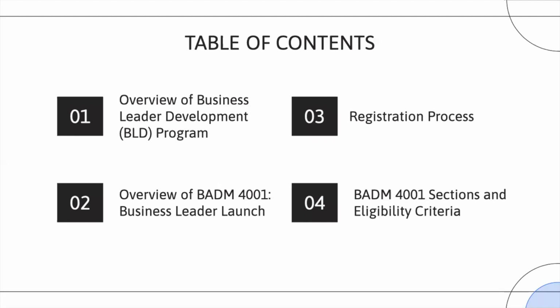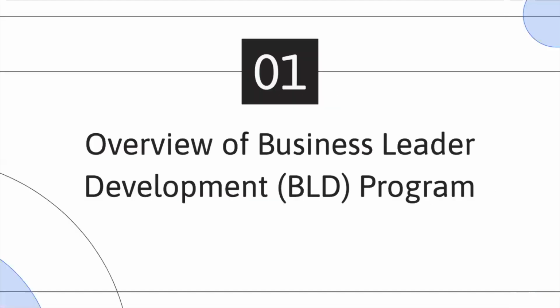And finally, we will cover each section of BADM 4001 in detail, including important information on eligibility requirements to enroll. We recommend enabling closed captioning to enhance accessibility. If you are looking for specific information, feel free to fast forward to navigate directly to the section most relevant to you.